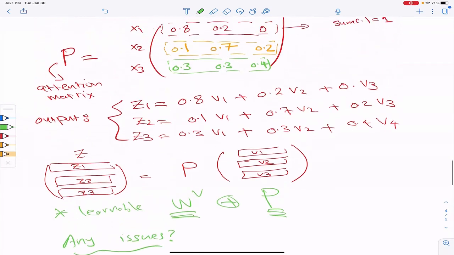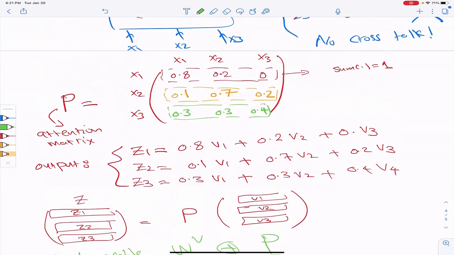So let's look at the dimensionality of P. I kind of hid it because my example is so small, just three tokens. But P is an n by n matrix. What is n? N is the number of input tokens.